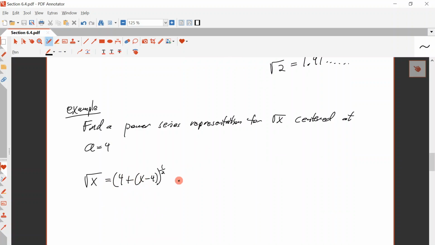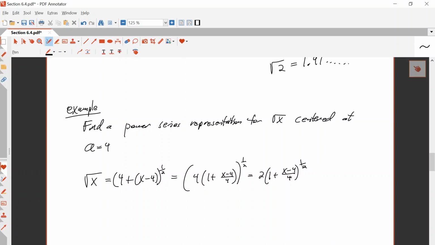Now I can factor out this 4, 1 plus x minus 4 over 4, to the 1/2. This 4 becomes a 2 outside of that. And then we've got 1 plus x minus 4 over 4 to the 1/2 power.